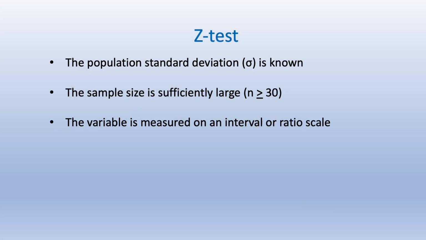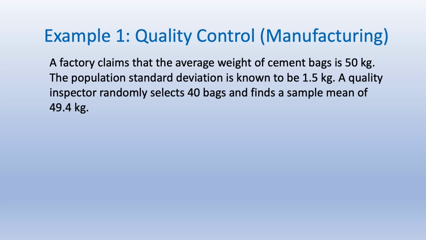The z-test is applied when the population standard deviation sigma is known. The sample size is sufficiently large and the variable is measured on an interval or ratio scale. A factory claims that the average weight of cement bags is 50 kg.